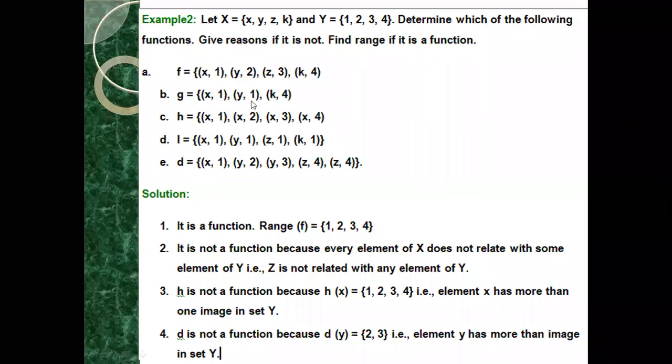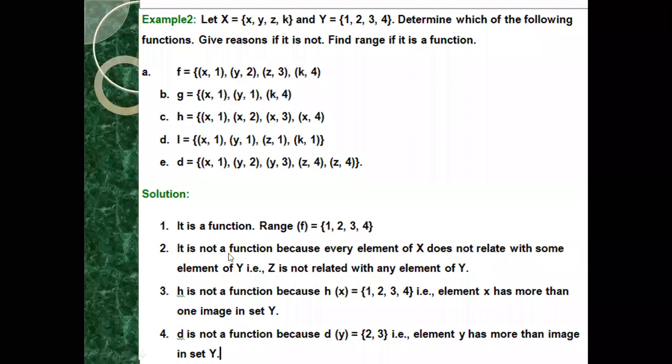So z doesn't have an image in the codomain. So it is not a function because every element of the domain does not relate with some element of Y. That is, z is not related with any element of Y.